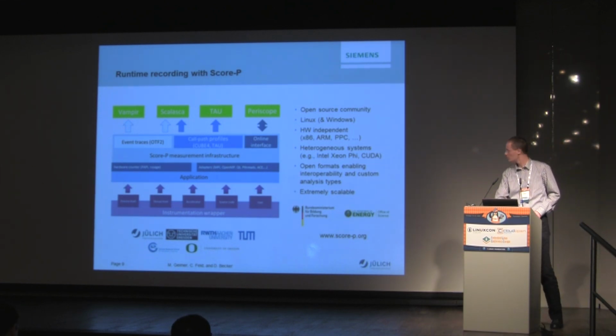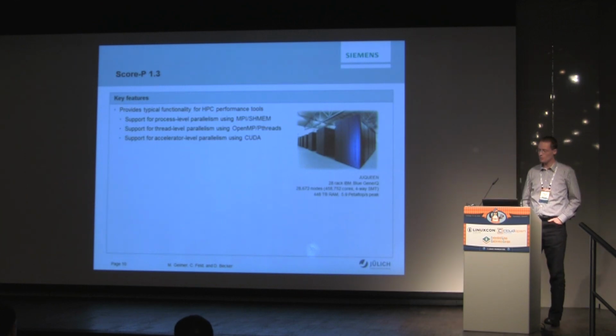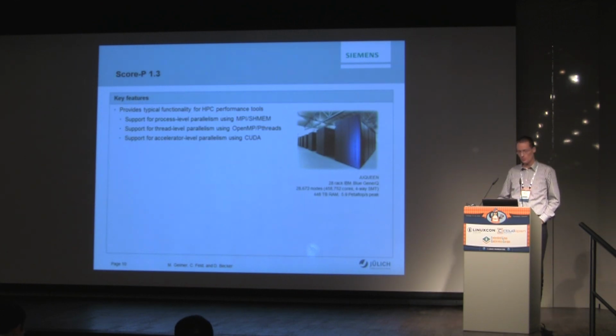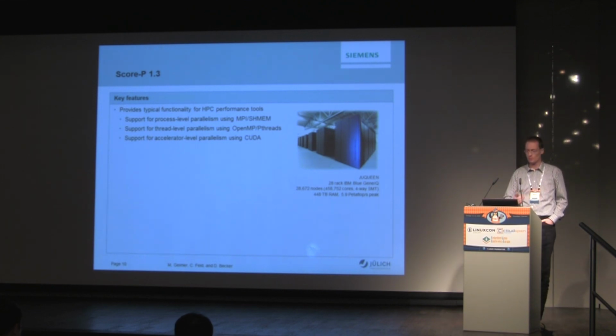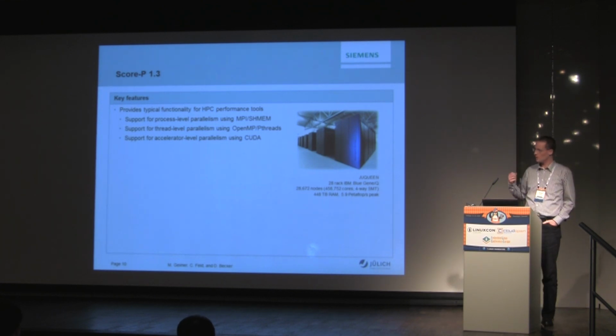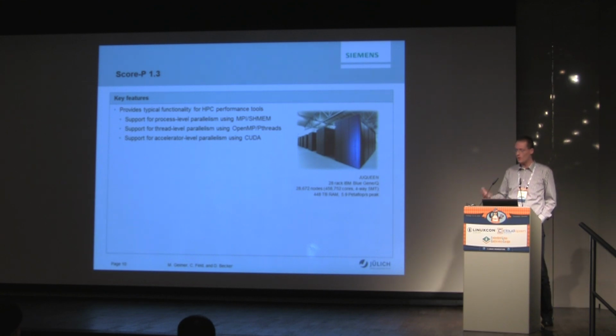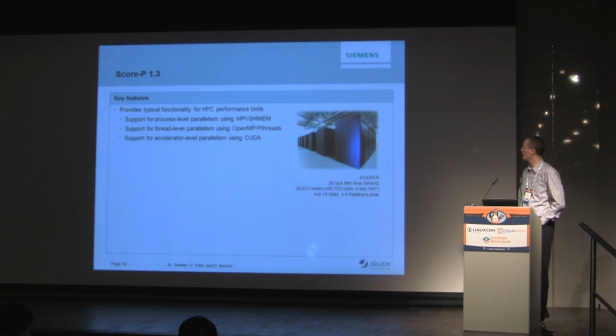Yeah, thanks, Daniel. I'm going to show you a few features of Score-P and the developments we did within our joint projects together with Siemens. So as Daniel already said, all the partners that are involved in the Score-P project all have an HPC background, so high-performance computing, and our target systems most of the time look like this.